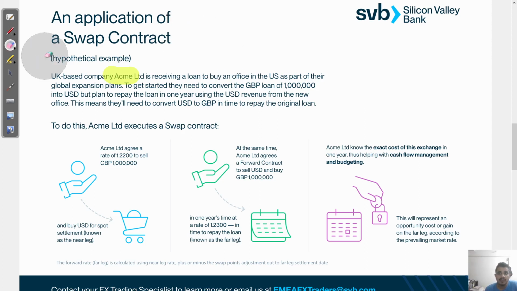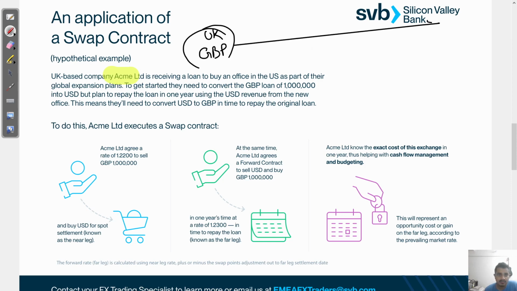They want to open a new office in the US, which deals in dollars. So obviously for the office they have to pay in dollars, right?